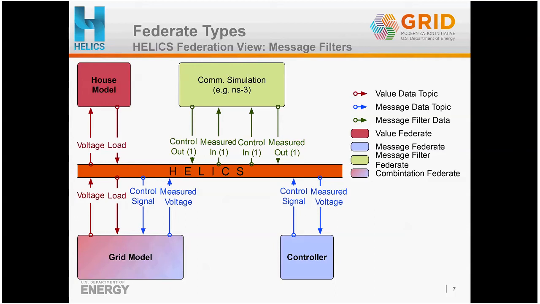A communication simulation, for example, NS3, can be inserted into this to intercept the control messages, process them, send them through a full communication simulation with delays and other factors that may affect the communication simulation, and then send the messages on again to the controller. So this is just kind of a diagram of how this might work in practice.